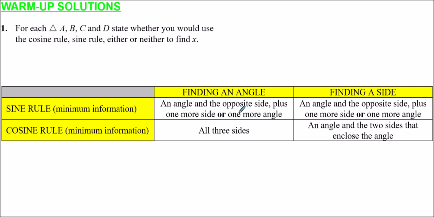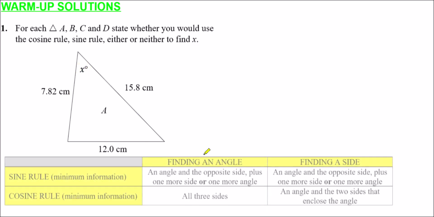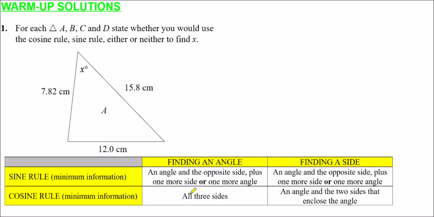So knowing that, let's have a look and see which we'd use to solve this next triangle. The first triangle you've got, triangle A, is this one. We need to find this angle x over here. To find angle x, have a look at what we know. We know all 3 sides. So if I just remind you of the table, we know all 3 sides.